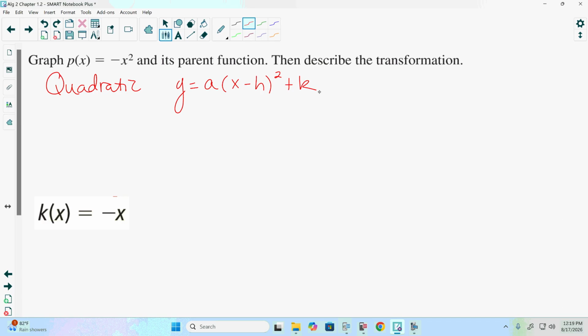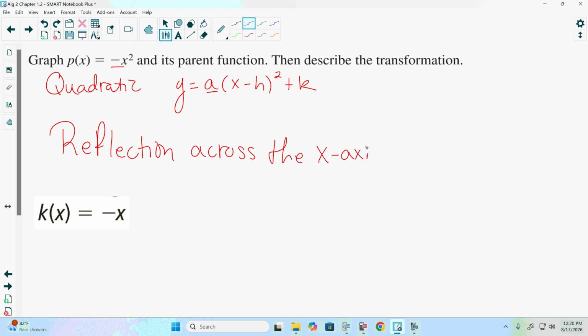There does not have to be a value in each spot, but we're going through and checking to see if there is. However, a is told to us to be negative, yes? If a is negative, there's a reflection across the x-axis. I see that it's negative, so there is a reflection.